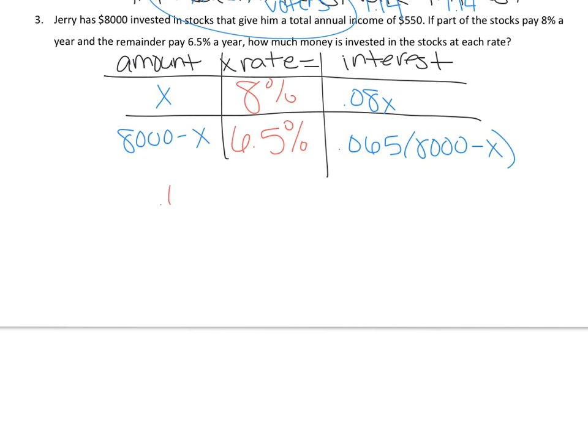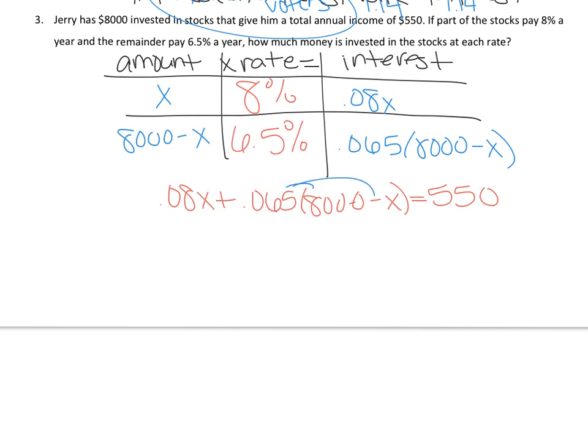So I'm going to take 0.08x plus 0.065 times the quantity 8,000 minus x equals his total annual income, which was $550. Okay, and then once you have your equation, we can start to solve.